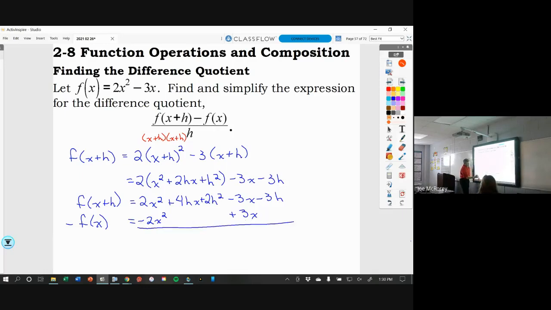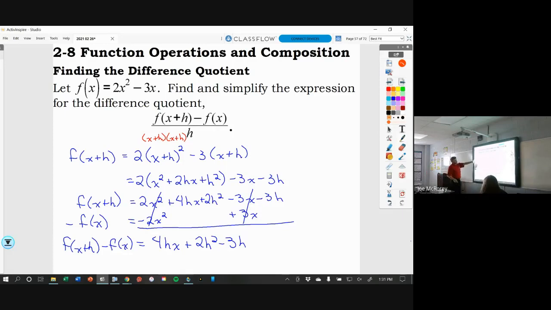So what I have now is f of x plus h minus f of x equals, the 2x squares cancel. The minus 3x plus 3x cancels. I'm left with 4hx plus 2h squared minus 3h. Y'all good with that?